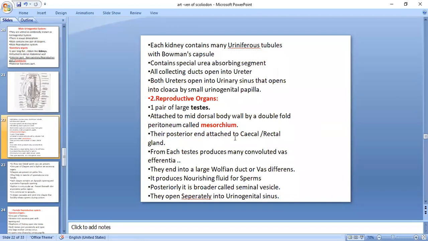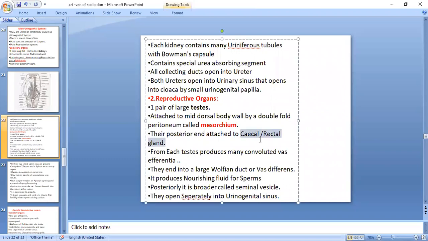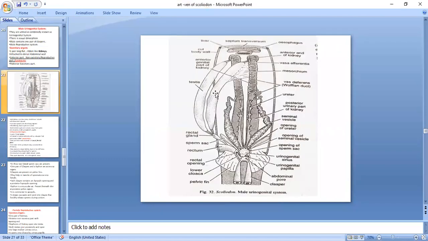Their posterior end is attached to the cecal or rectal gland. So this is the testis, and this is the rectal gland. This non-glandular fibrous tissue attaches these testes to this single rectal gland. Anyway, that is about the testes, and these testes produce many convoluted structures called vasa efferentia.